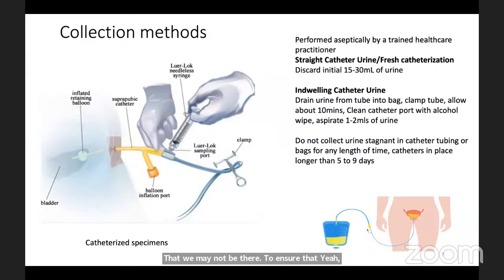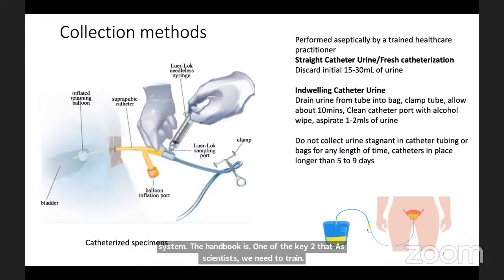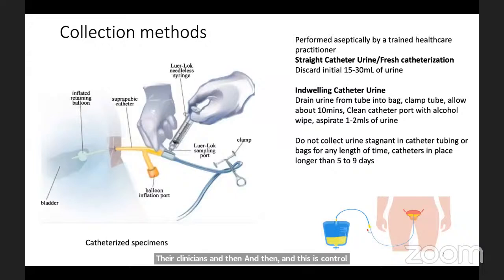I think with the practice of a laboratory quality management system, the handbook is one of the key tools. As scientists, we need to train the clinicians, the nurses, and the disease control officers who help in taking samples at the ward for us.